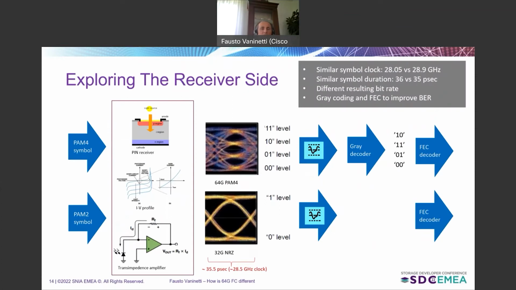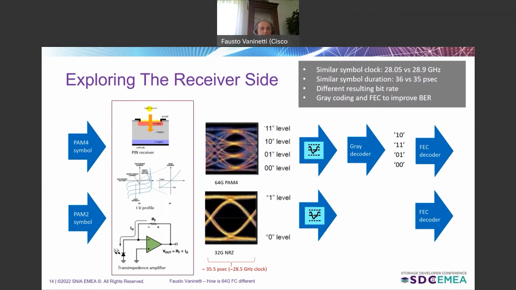Another way to explain how things work is well represented on this slide, where you can see what happens with the traditional non-return to zero transmission at 32 gig and compare it with what happens with PAM4 transmission.